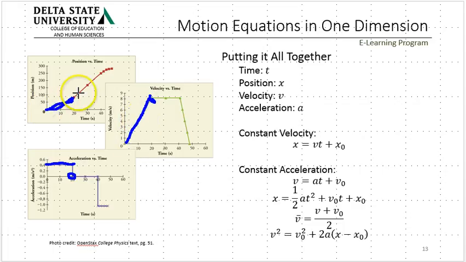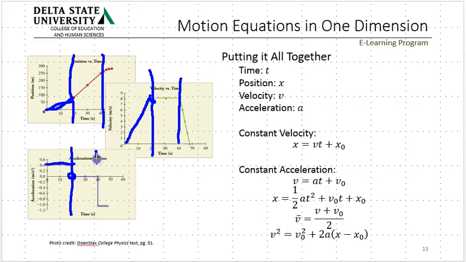Now we have to essentially define a new starting point. And now we're going to deal with the next chunk of time by itself. This we're going to treat like a separate problem.